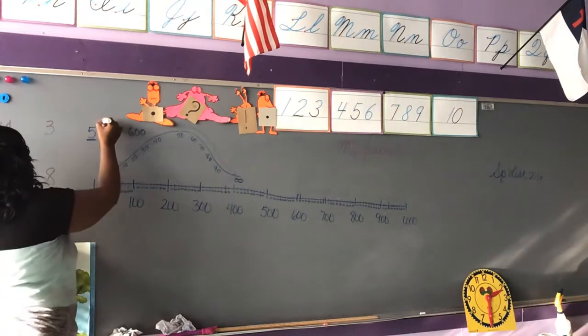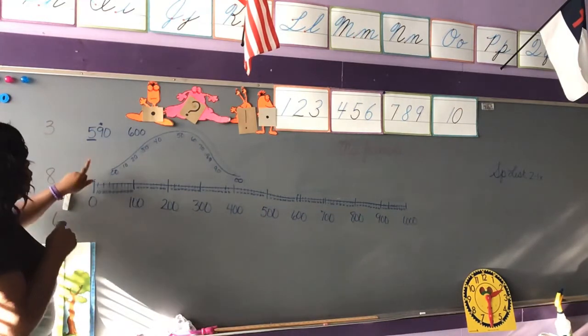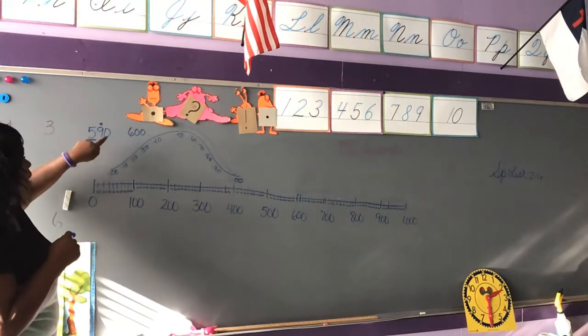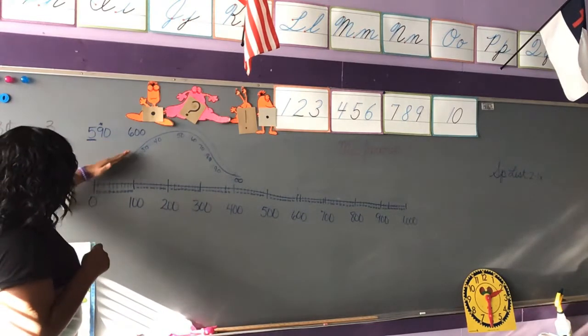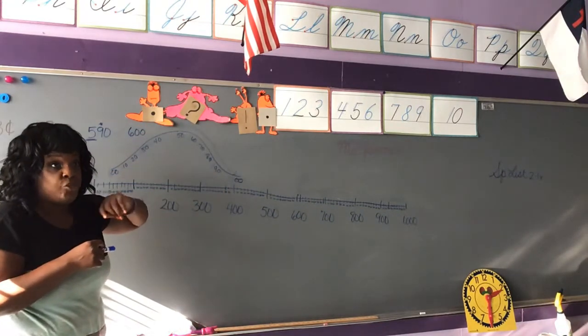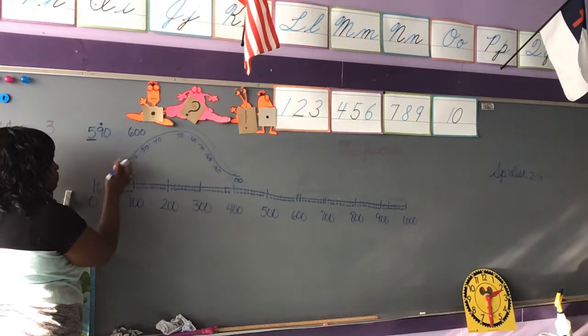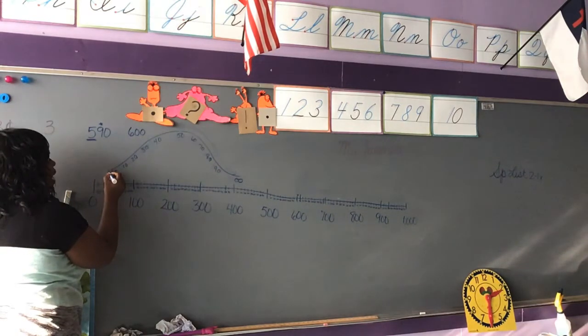But then we have to look at this little number in the middle. Because remember, that little number, 9, is either going to be getting ready to go up the hill or all the way down the hill, so we're getting ready to go to the next 100. So we start with what 100 on this side of our roller coaster? 500.